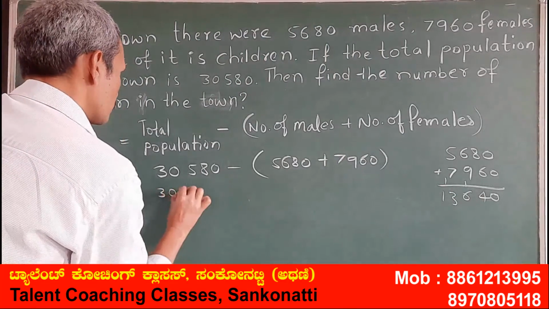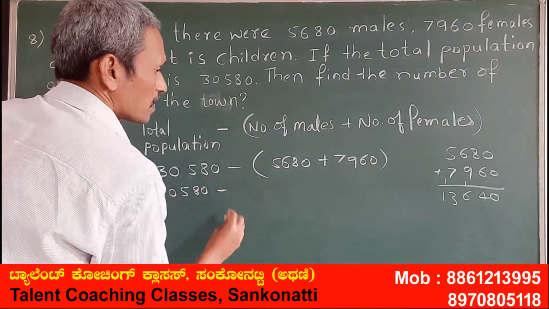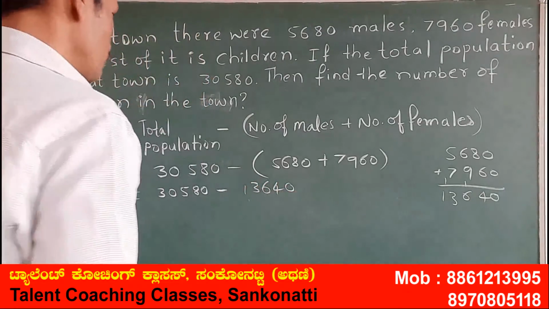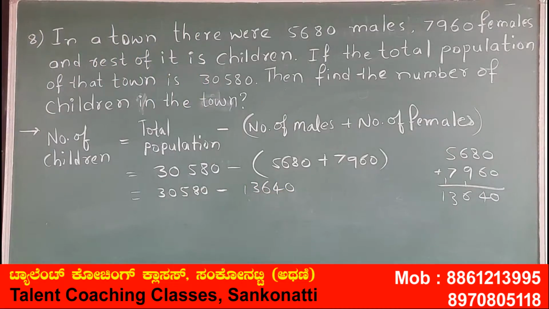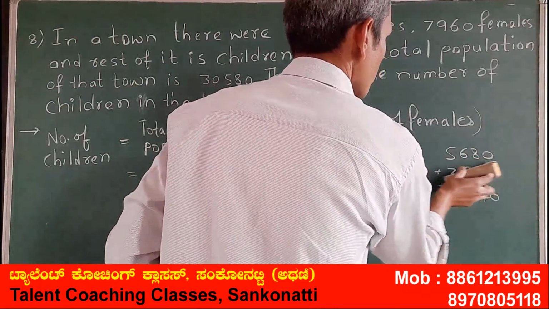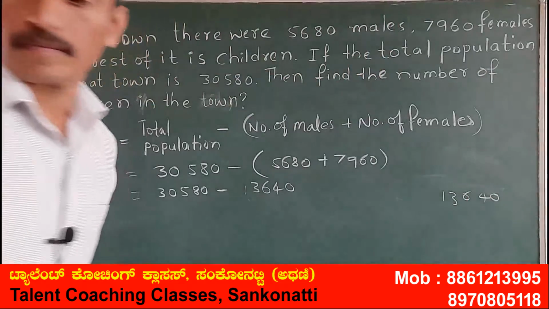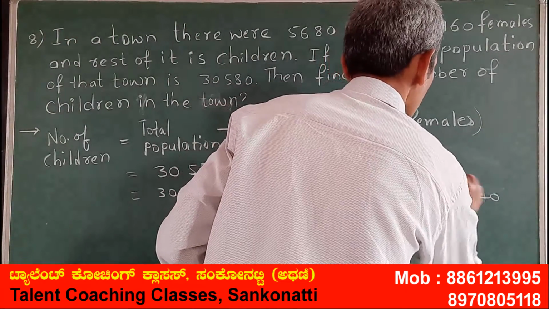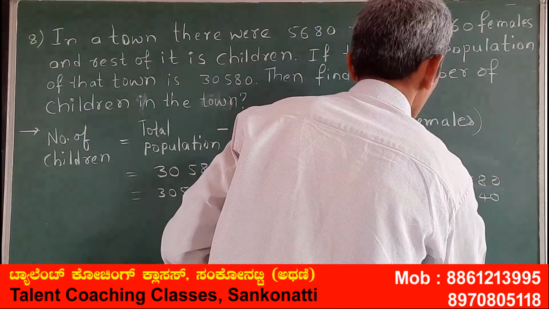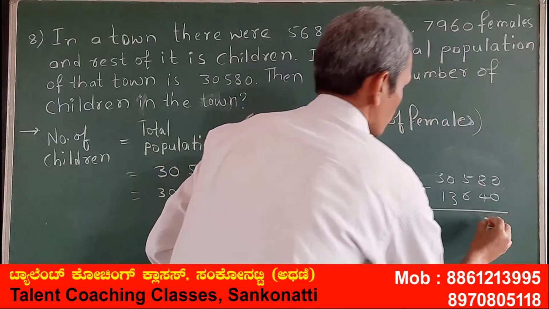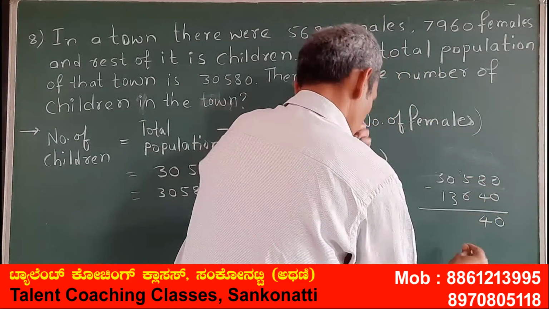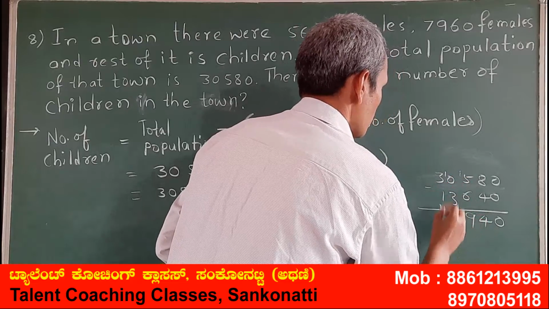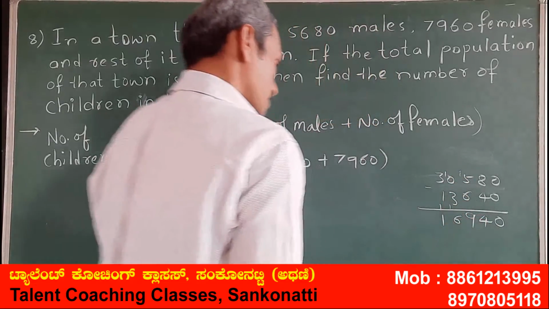This is 30580 minus 13640. Now subtract this number from 30,580. 0, 4, 15 minus 6, 9, 10 minus 4 is 6, 3 minus 2 is 1.